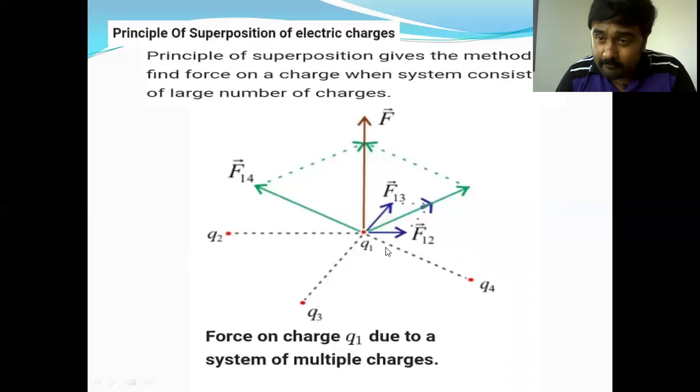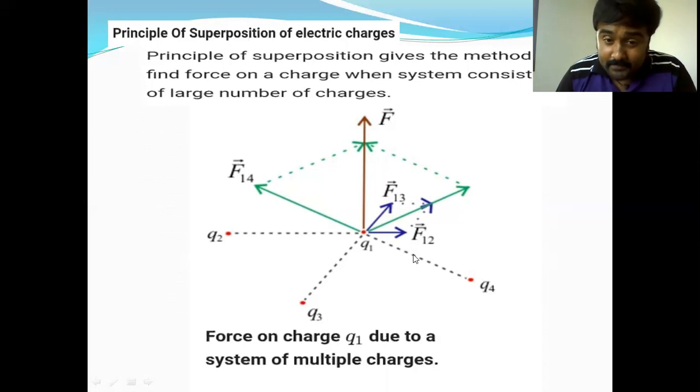So here a number of point charges are there: plus Q1, plus Q2, plus Q3, plus Q4, and so on. Here we have to calculate the force acting on plus Q1, due to the multiple point charges.